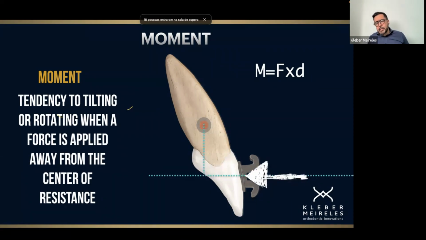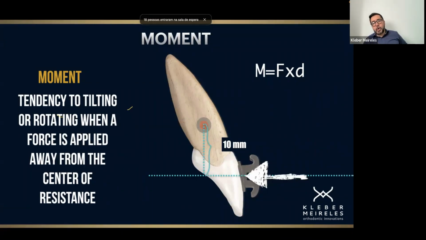I'm applying the force at this level, let's say 100, 150 grams, whatever you want to apply, and we have a distance between the line of action of the force and the center of resistance. If we measure this distance perpendicular to the line of action in relation to the center of resistance, we are calculating the magnitude of the moment.